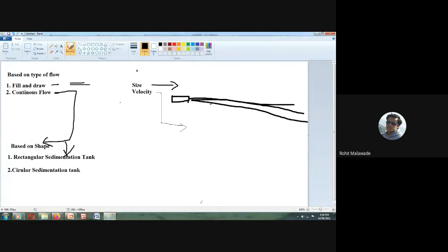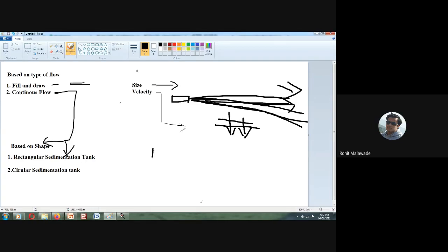When you wash your bike, you use a pipe with a nozzle, and the water flows at a very high speed. Now, suppose in this water we have n number of particles, and we flow it with this velocity. Is it going to settle down? No, sir. It is not going to settle down.